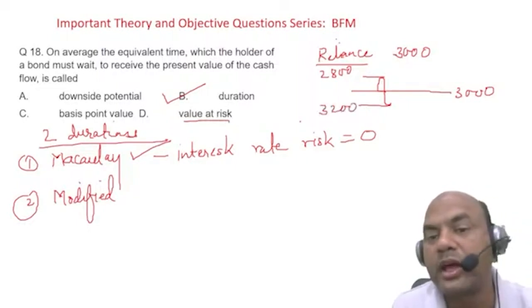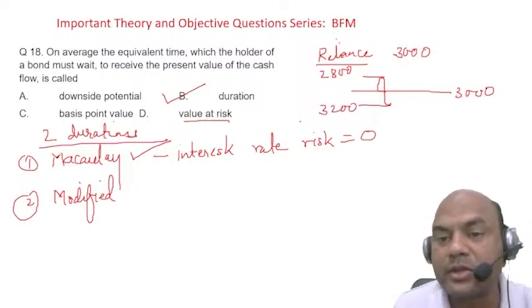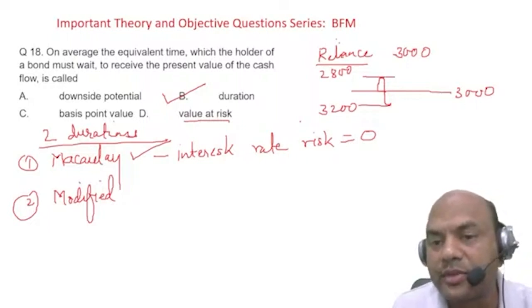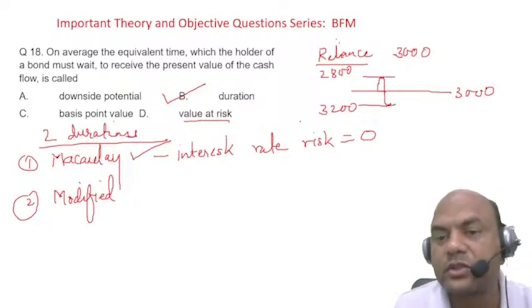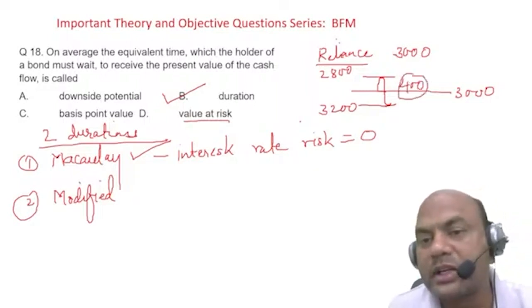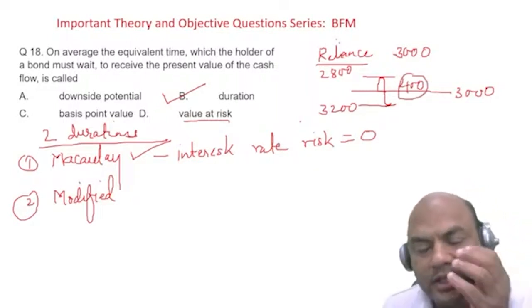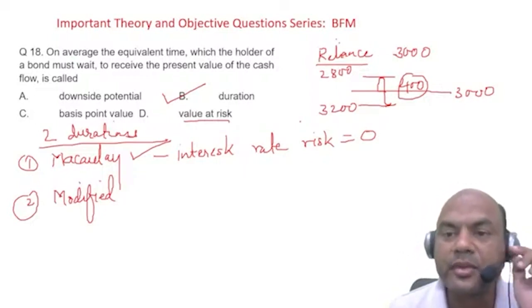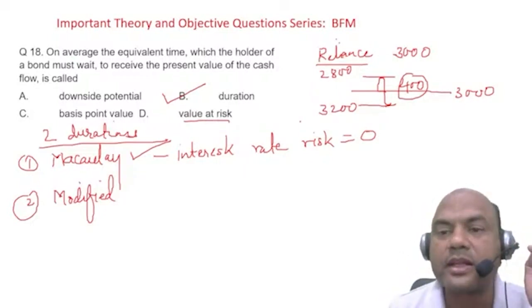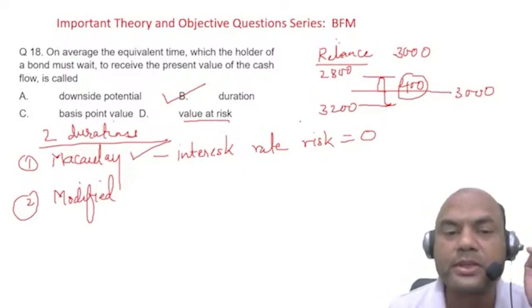So what is my VAR, that value at risk? Value at risk means whatever is the fluctuation. This complete fluctuation is known as my VAR, 400. So even though I have invested 3000 rupees in the Reliance share, it doesn't mean my entire 3000 amount is at risk. Only 400 rupees is at risk. So this is known as VAR.